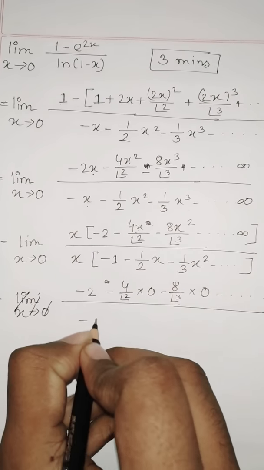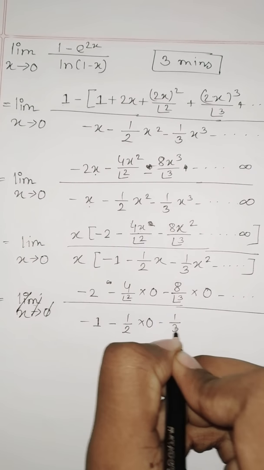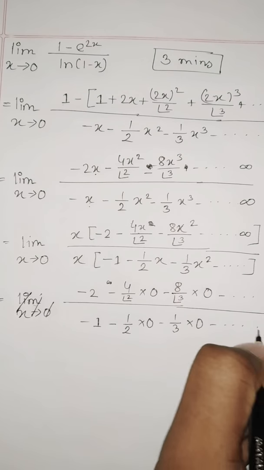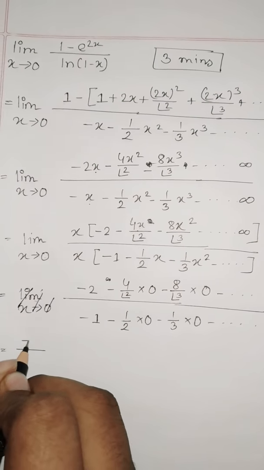In the lower part we will have minus 1 minus half into 0 minus 1 by 3 into 0, and so on.